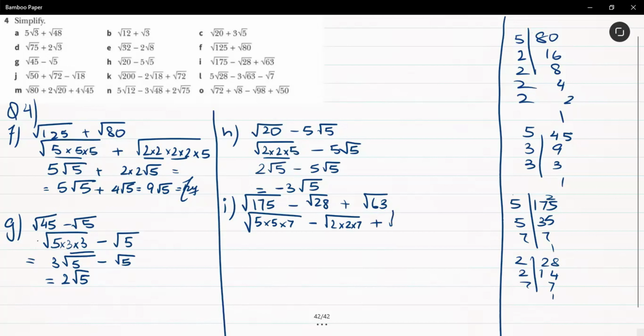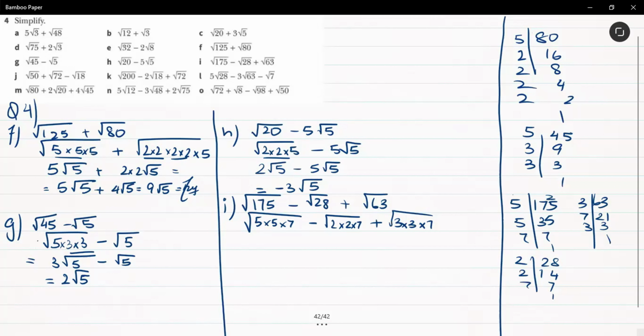And what would be √63 equal to? 63 is 3 × 21, and 21 is 3 × 7. So √63 is √(3 × 3 × 7).